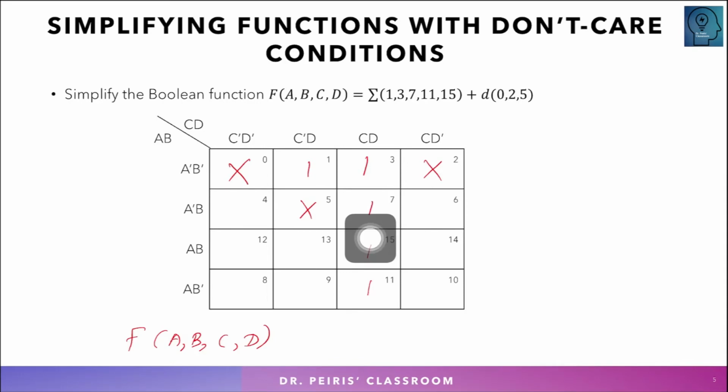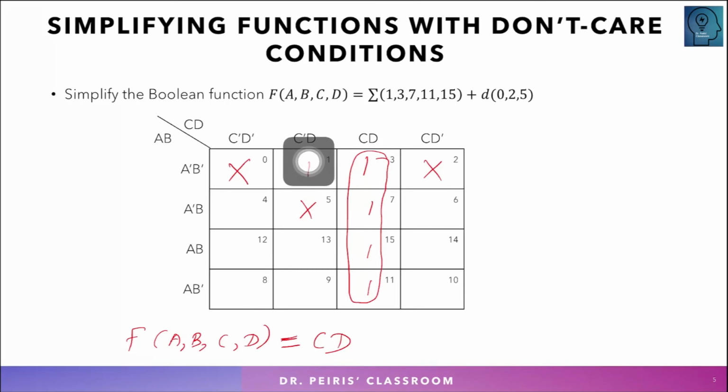We definitely have that group, which we're going to do first. That gives us a much bigger group, so you can do it this way. Now this is the column CD and nothing is common here, so this is equal to CD. Now how can you group this one? You can do it this way or you can do it this way. You can use either one. You can do a group of 4 like that, or you can group these 4 like this.